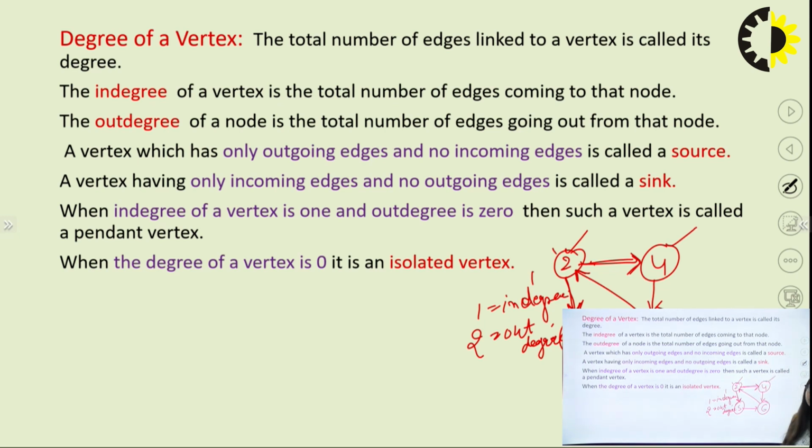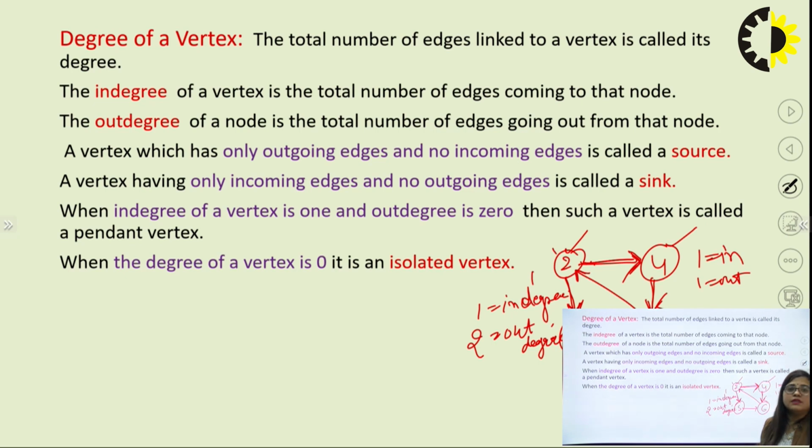And what is the in degree and out degree of this node? 1 is in degree because this edge is coming inside to vertex 4, so 1 is in, and this one is out, 1 is out. So we can easily find the in degree and out degree of any vertex by this process.